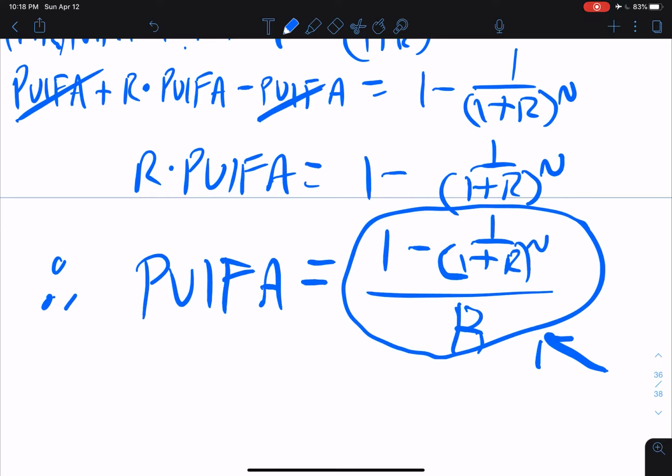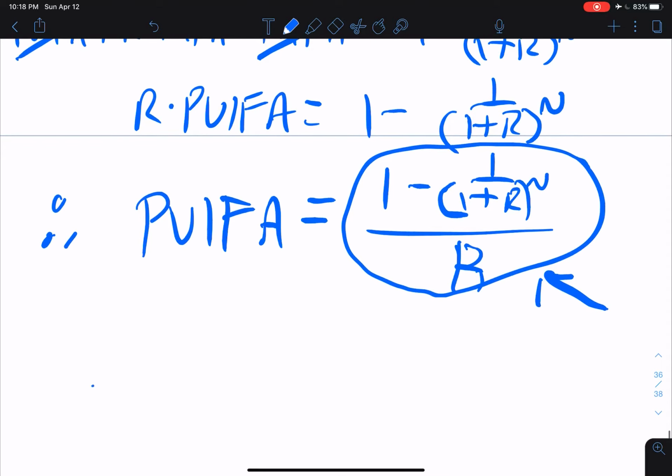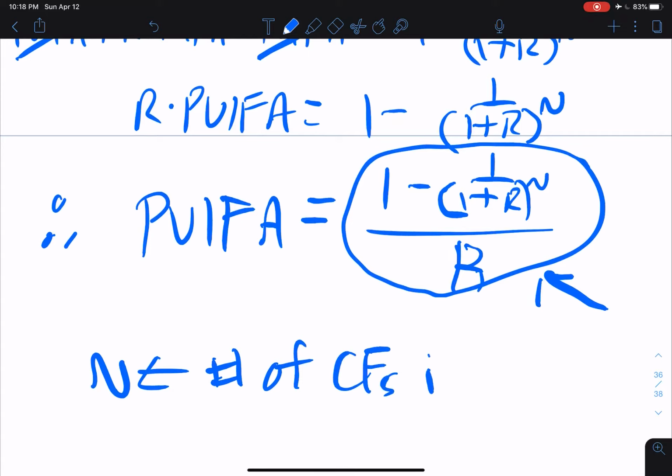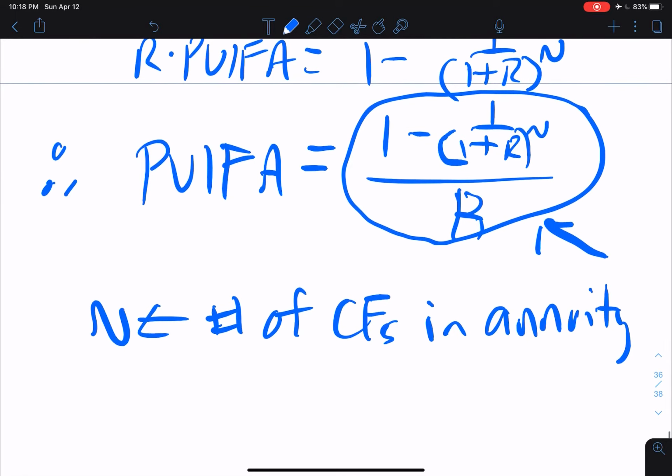And some things to remember about the PVIFA again are the interpretation of N for the PVIFA is number of cash flows in the annuity. Okay. And as you will see is the case with all of our multiple cash flow stream present value interest factors. This is our first multiple cash flow stream present value interest factor.